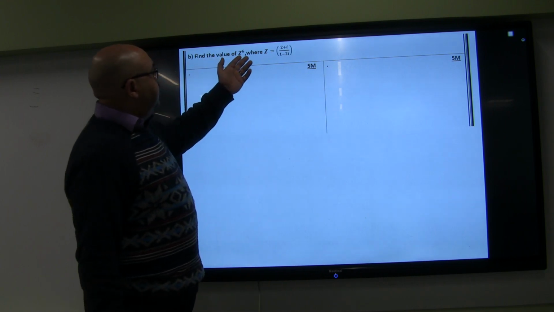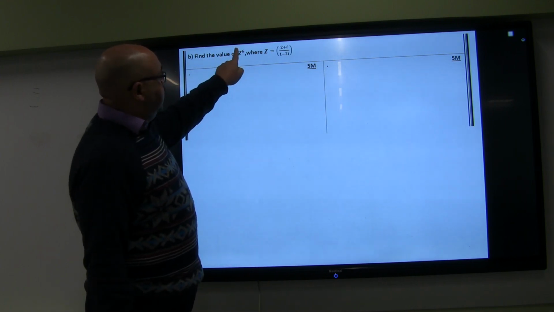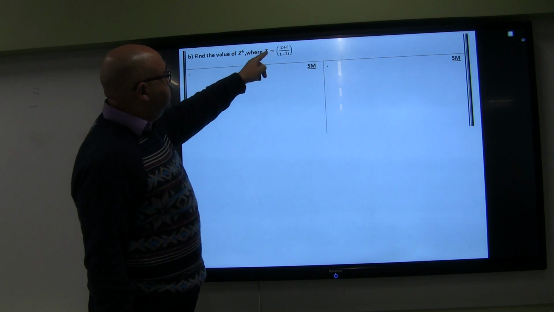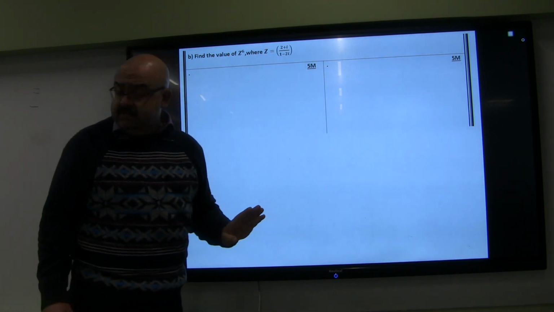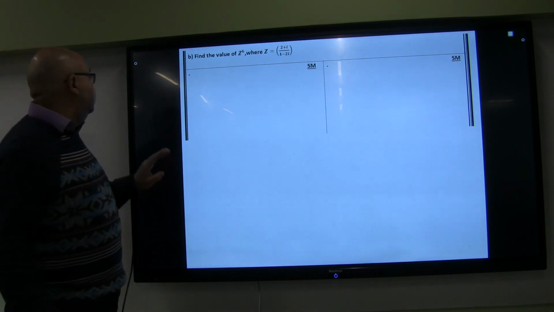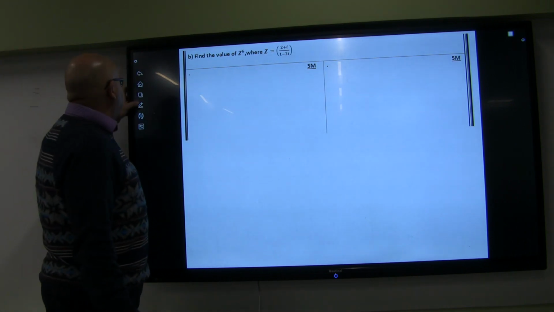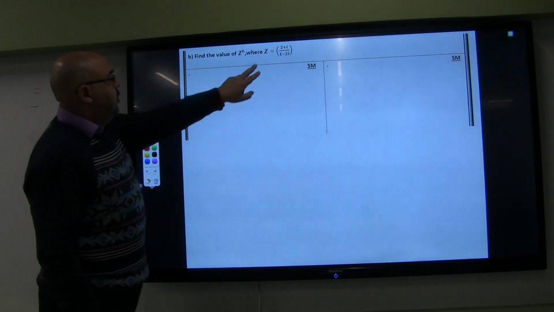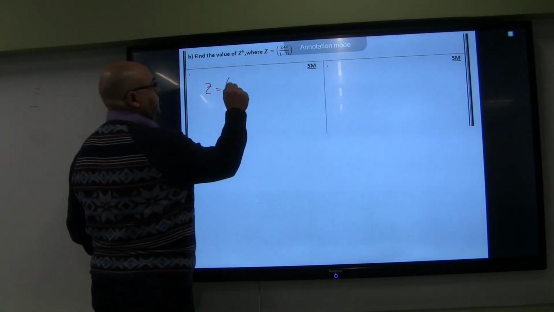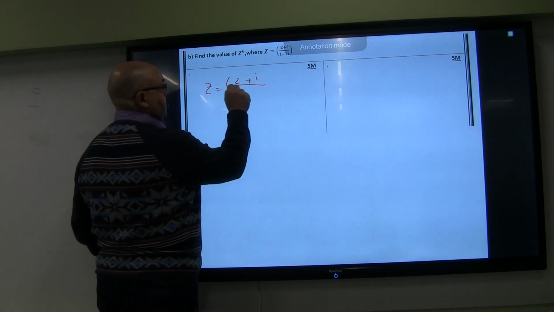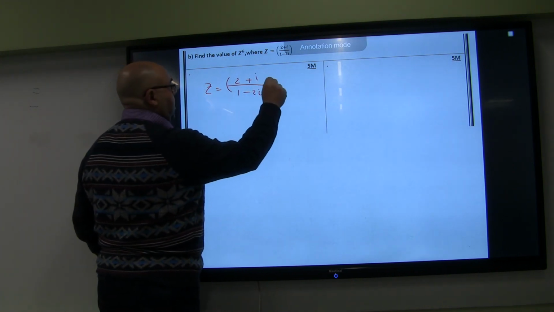Next, he is asking you about the value of z to the power of 6 for 1 plus 2i over 1 minus 2i, which is a very simple problem. All I have to do is simplify. First, z equals 2 plus i over 1 minus 2i.